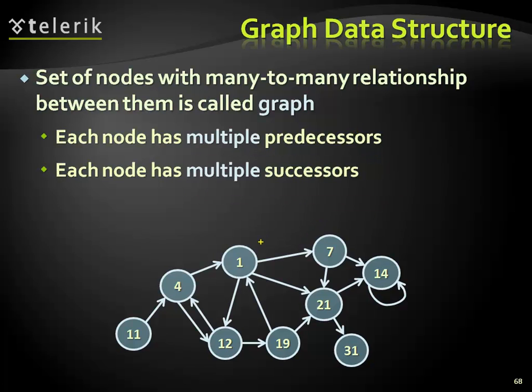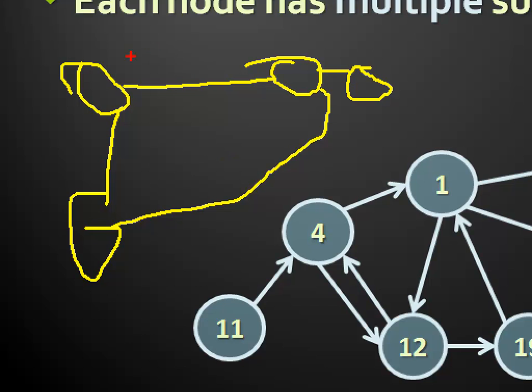Okay, so somebody asked what those arrows are. Arrows mean a directed connection. Normally you would see a graph in one of two ways. One way is to have it like this, with no arrows. For example, this is a graph. This is called an undirected graph. You can go from here to here, and from here to here.